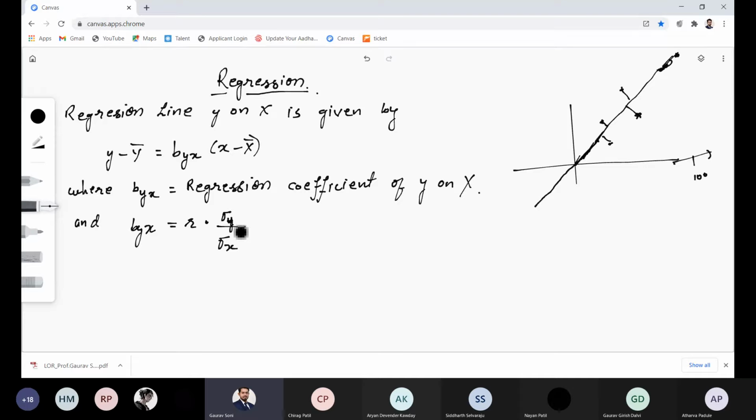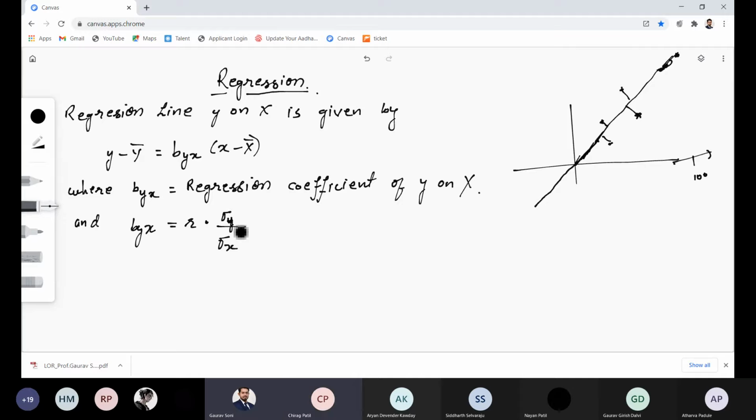So, can someone tell me what is byx here? From the equation of line point of view, what is byx? Anyone who knows the equation of line?